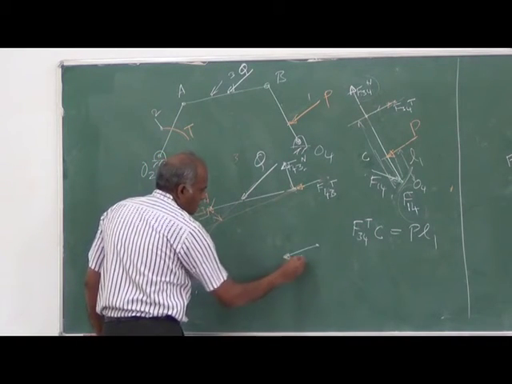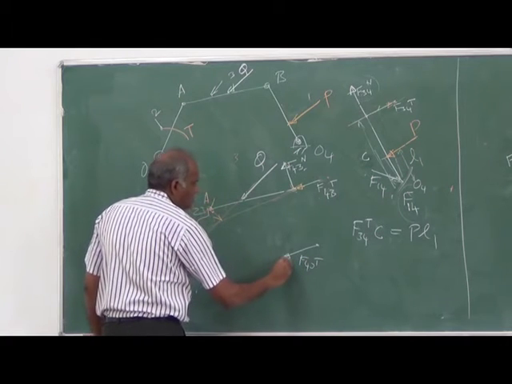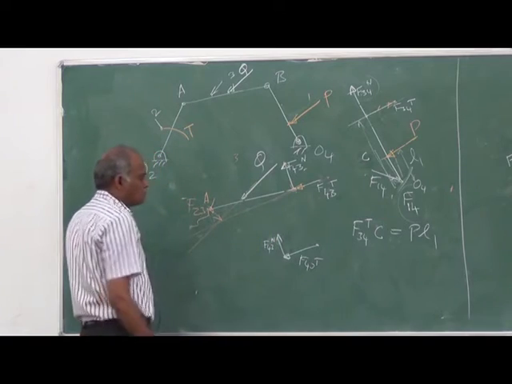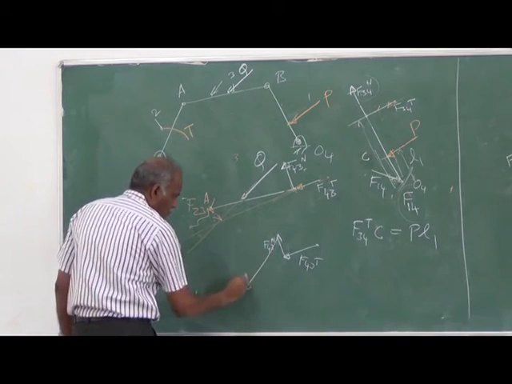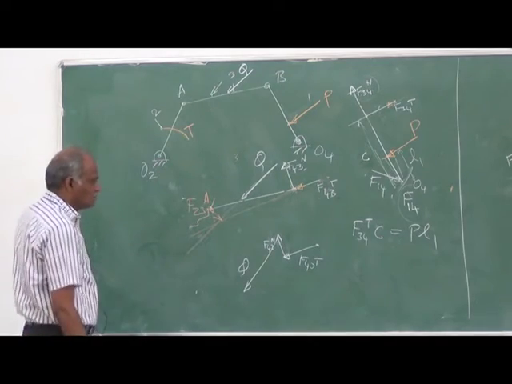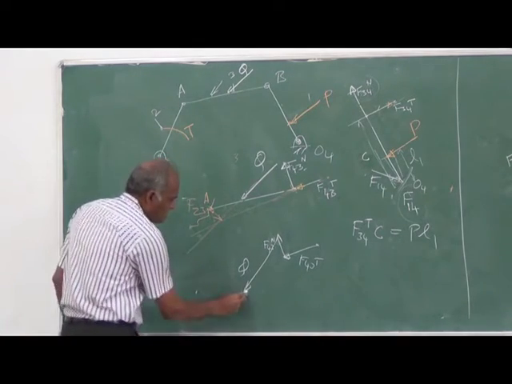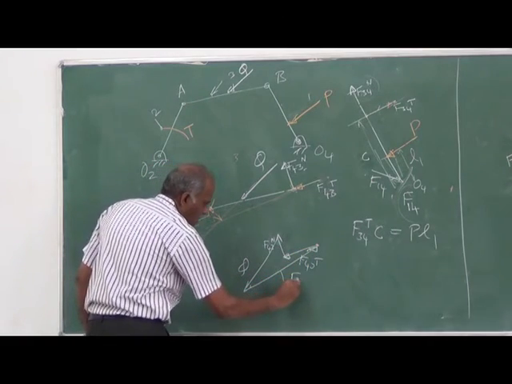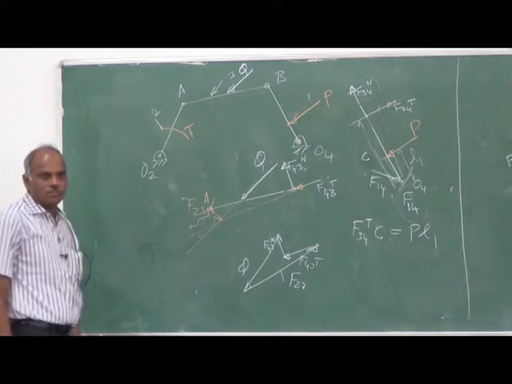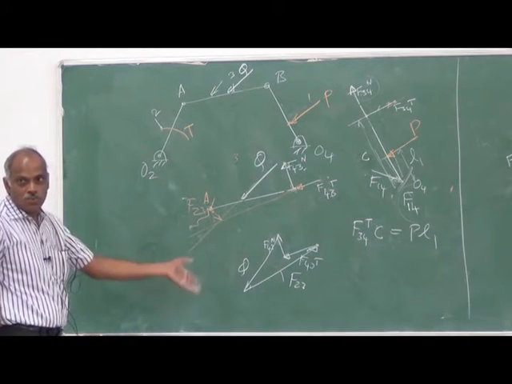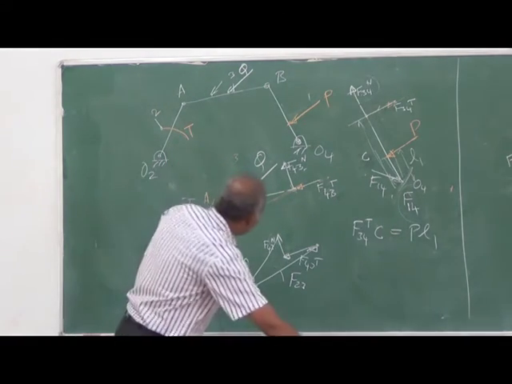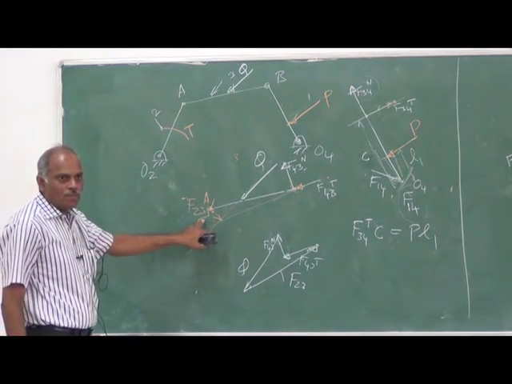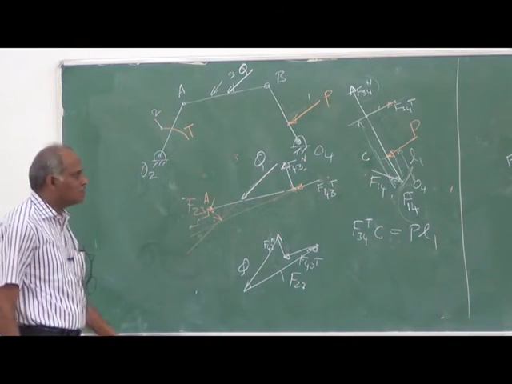I have F43 tangential, then F43 normal, then you have Q from here, then the closing side of this is from here to here like this. So this will be my F23. So that is how you can proceed and draw this vector polygon to find out what is F23.